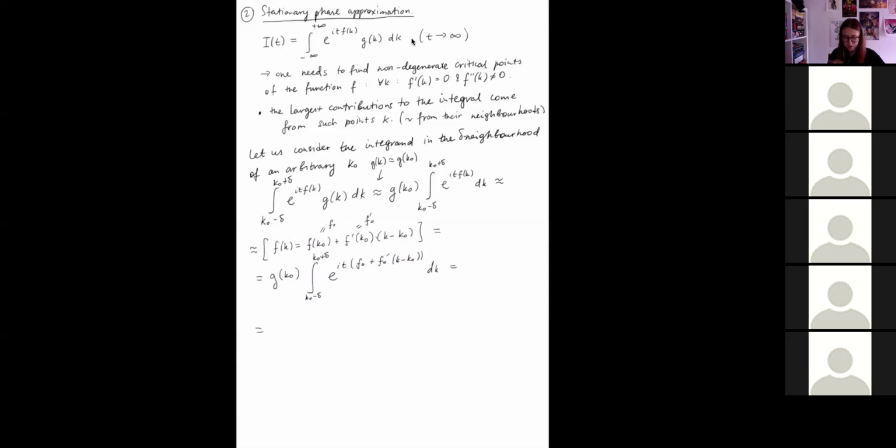Okay, this is something that we can integrate, right? So what we have here would be g of k0 e to the power it f0 minus it k0 f0 prime, and here we're left with e to the power it f0 prime k dk, integrating from k0 minus delta to k0 plus delta.